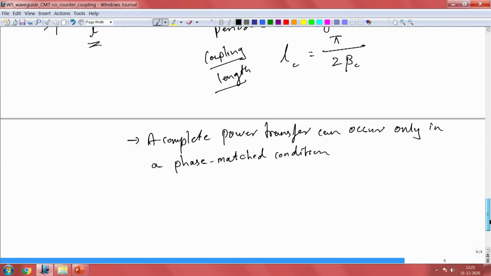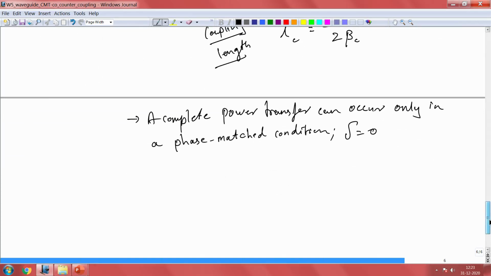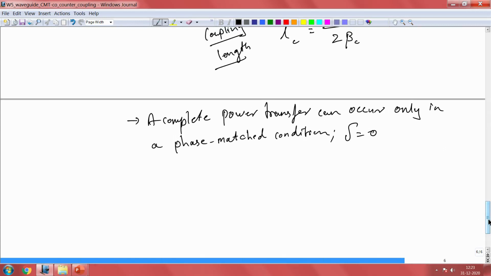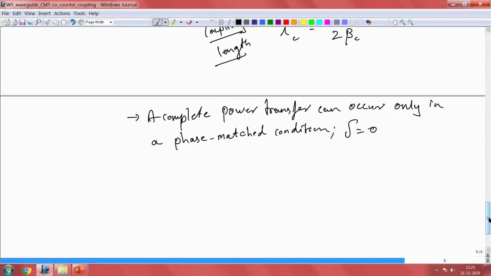So, what is that condition? That condition is delta should be equal to 0. When you have 0, then you have perfect phase matching and you will get all the power coupling from one waveguide to the other, sorry, one mode to the other mode.